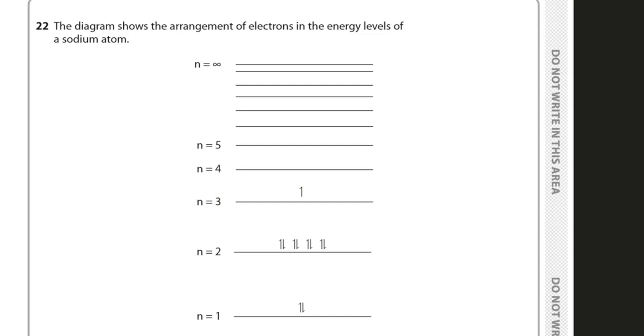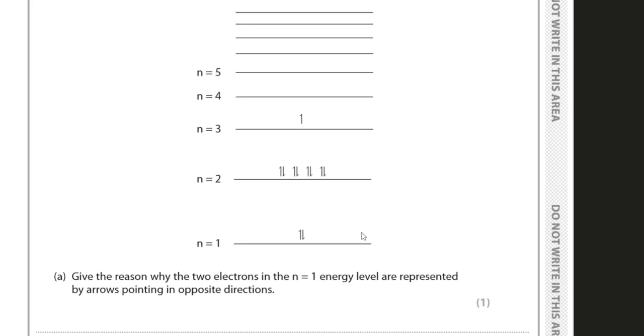Our next question, number 22, the diagram shows the arrangement of electrons in the energy levels of a sodium atom. So here you have some energy levels provided, with n equal to infinity being the last one, and this is the first quantum shell, n equal to 1.